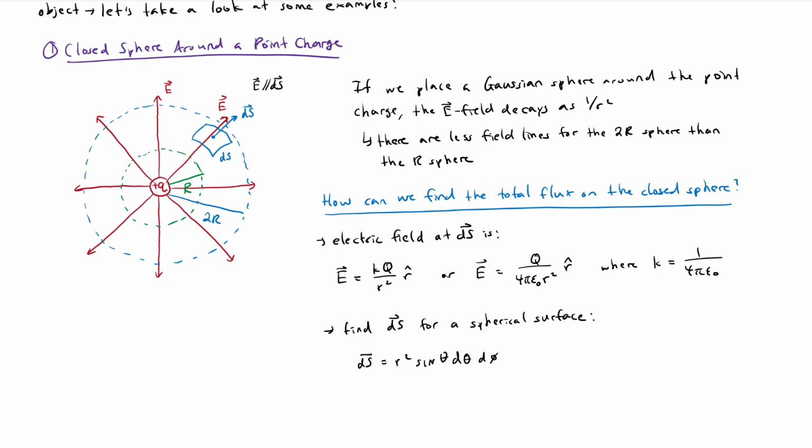And because dS is a vector, I have to also make sure to state the correct vector, which is r hat, as it points radially outwards, and r hat is simply this unit vector here. So it seems like I have my vectors for E and dS, which means I can now finally solve for the total flux.